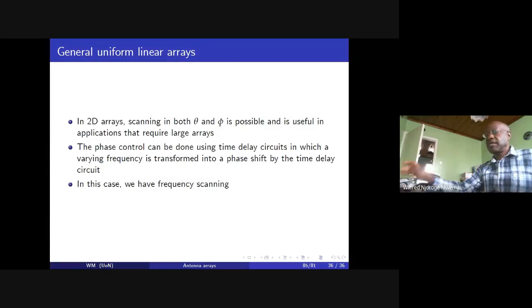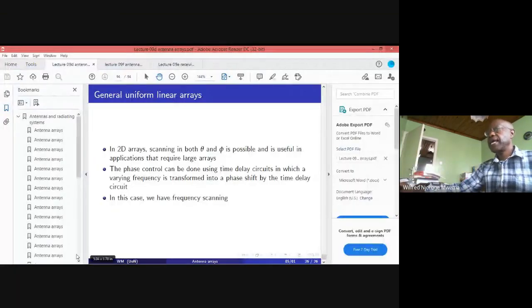And that brings us to the end of that particular section on array systems. This is as far as we'll go on array designs, and anybody with questions can now ask. If there are no questions, I'll go to the next topic, which is the receiving antenna.